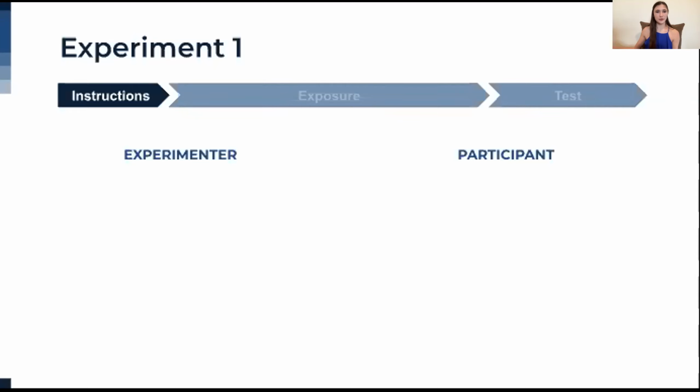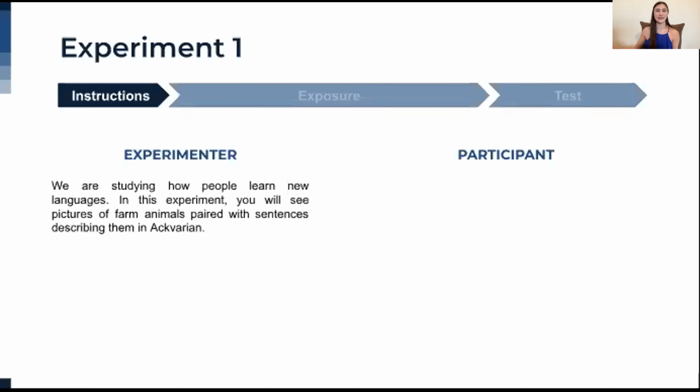During the instructions, participants saw different instructions depending on what condition they were in. So in the experimenter condition, the instructions indicated the sentence would be delivered by us, the experimenters. It just said, we are studying how people learn new languages. In this experiment, you will see pictures of farm animals paired with sentences describing them in Octarian.